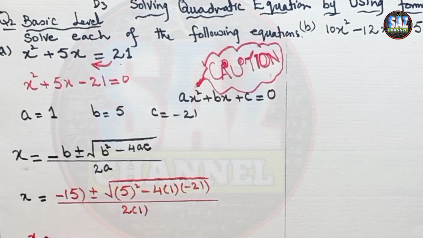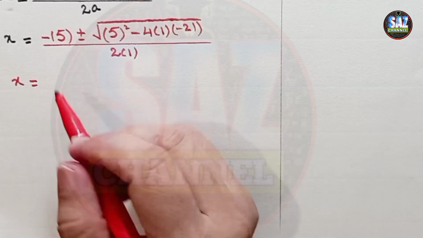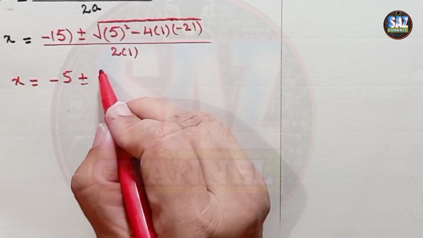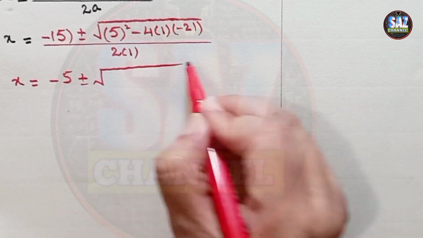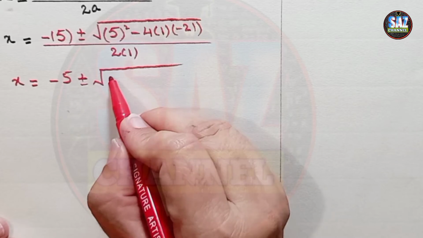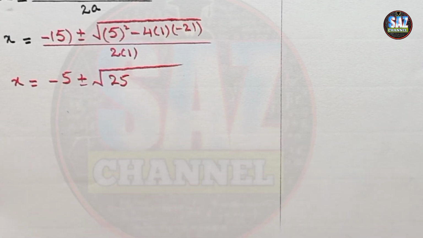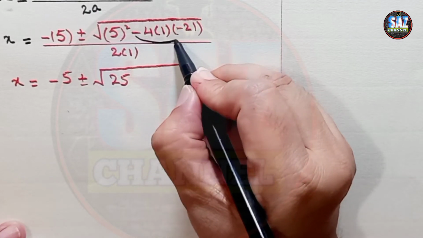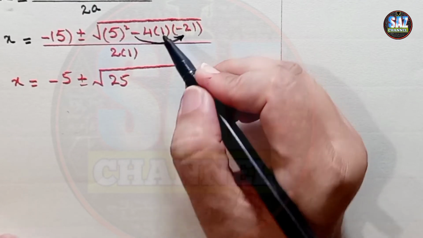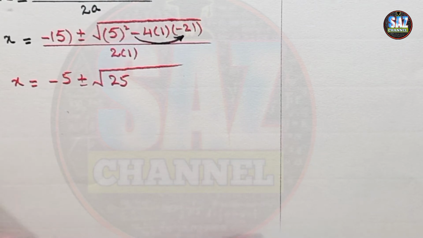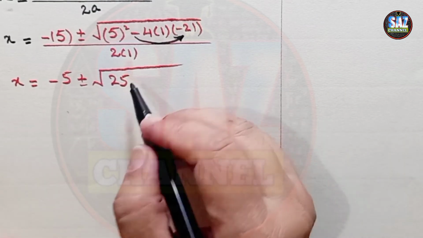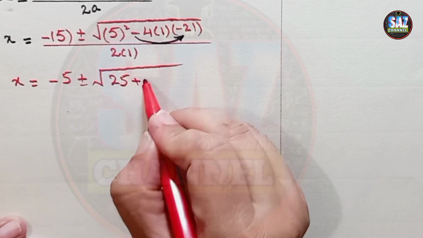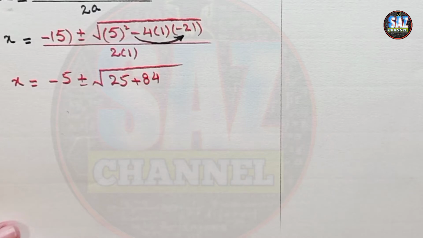So the formula will take the form x equals minus 5 plus minus the square root of 25, since the square of 5 is 25. Now the rule of integers: minus multiplied by minus will become positive, and 21 multiplied by 4 will give me 84 with positive sign, upon 2.